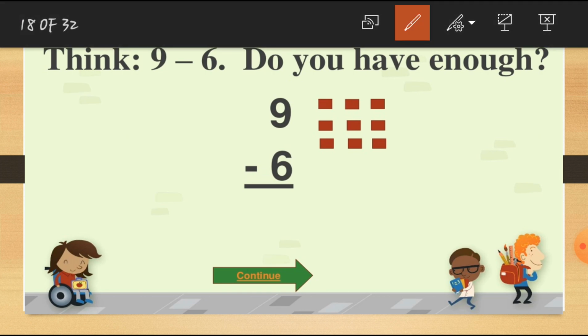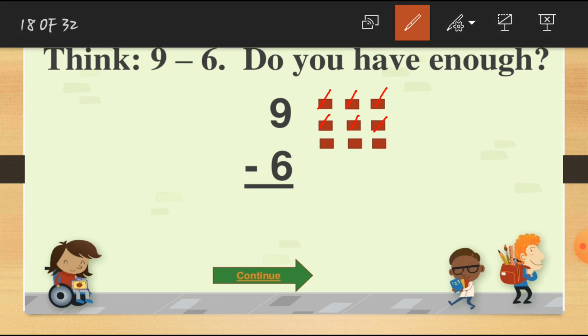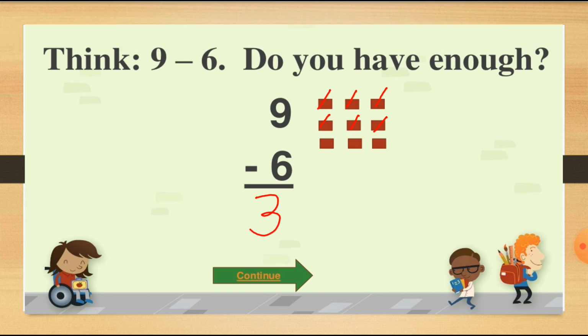Let's see. Here we cut the 6 boxes: 1, 2, 3, 4, 5 and 6. You can see I cut 6 boxes from these 9 boxes. So how much do we have left? 1, 2 and 3. We have just 3 boxes now, and here is our answer, 3.